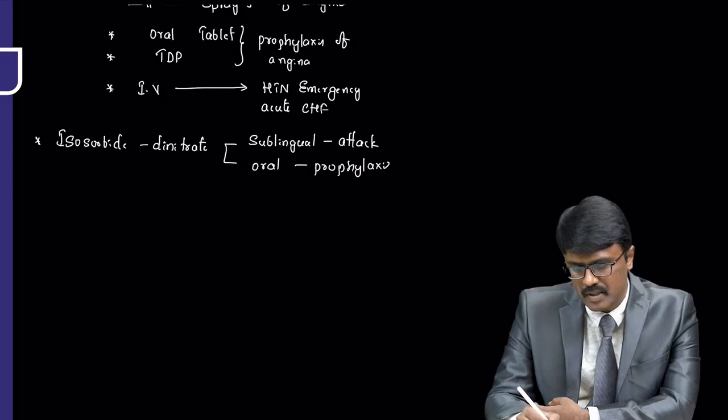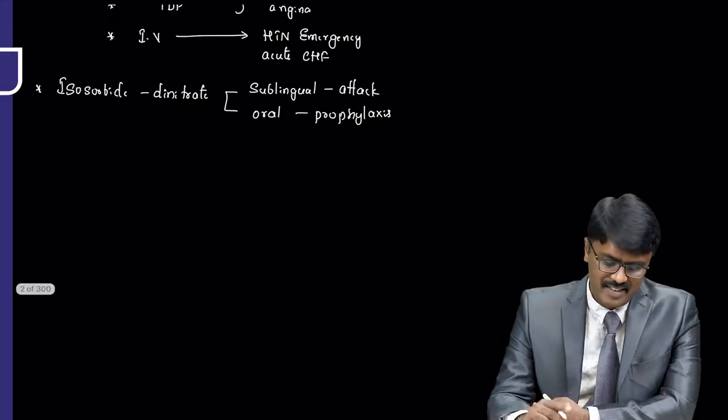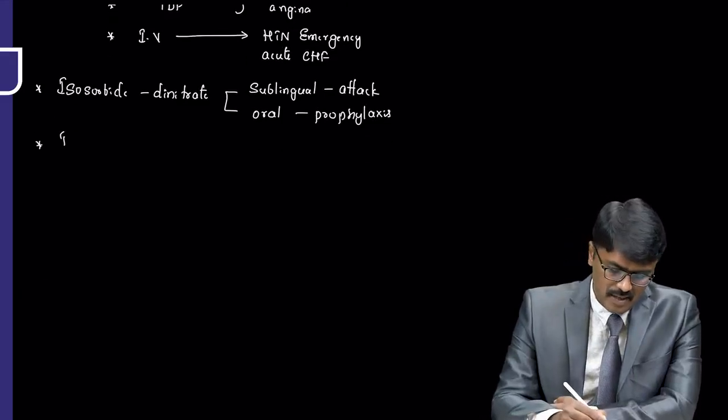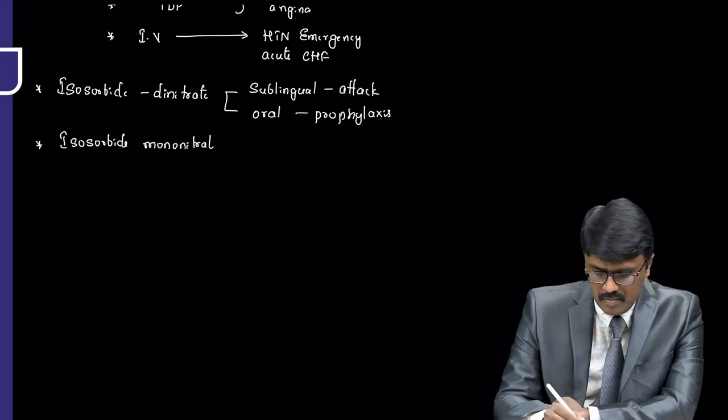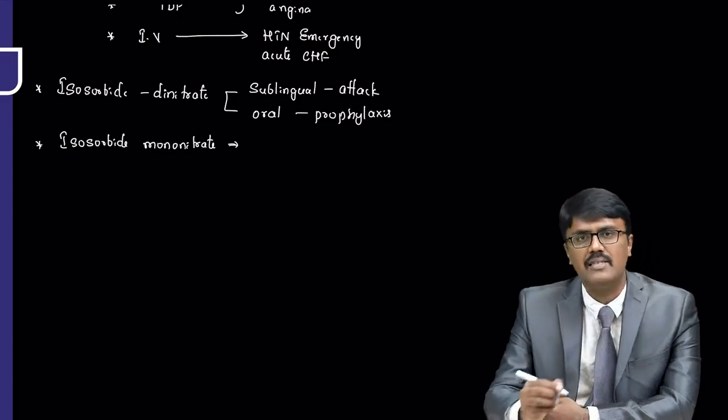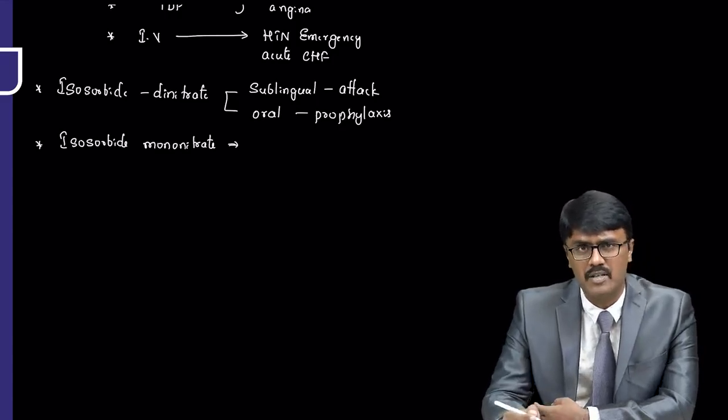The third drug is isosorbide mononitrate. Please remember, all nitrates have first pass metabolism, and that too high first pass.